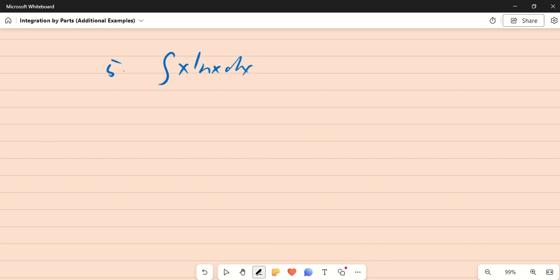Again, be careful with the identification of your u and dv. So your u here is x, and then your du definitely is dx, because du over dx is equal to 1, you cross multiply, du therefore is equal to dx.